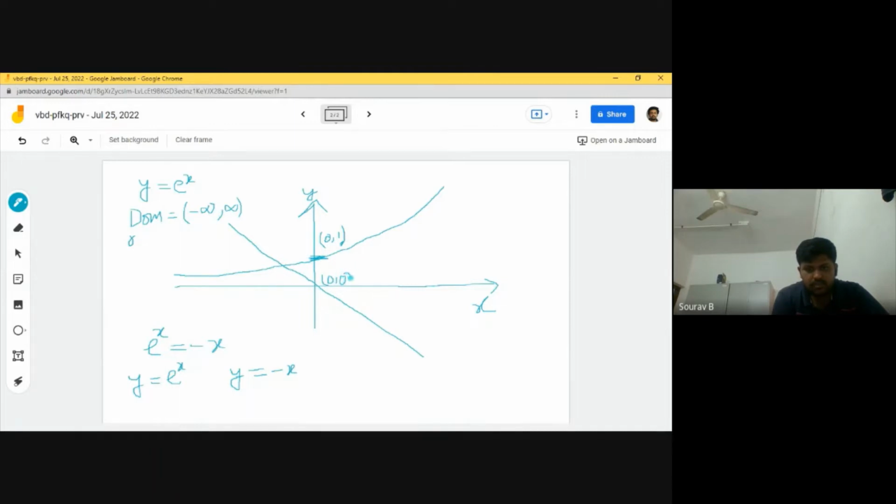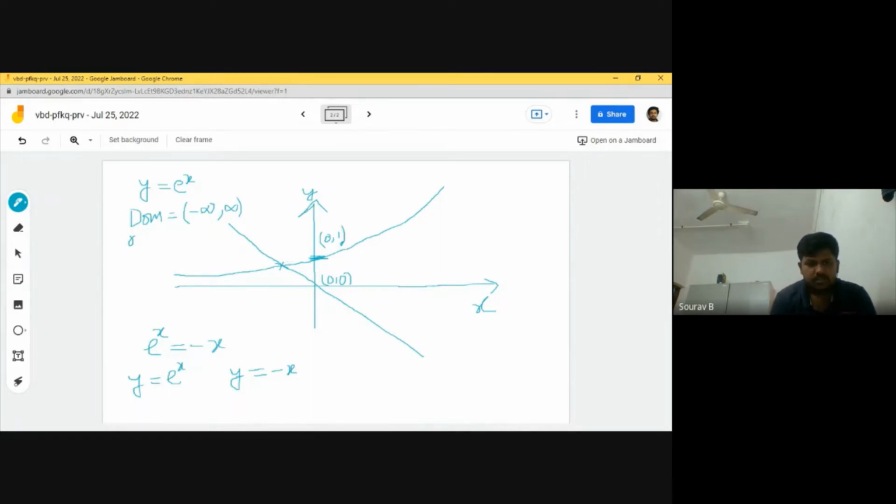We can see that they are intersecting at one point only. Although you cannot find this point through this method, you will get to know how many points are intersecting in these two plots. From there you will know how many real solutions are possible.